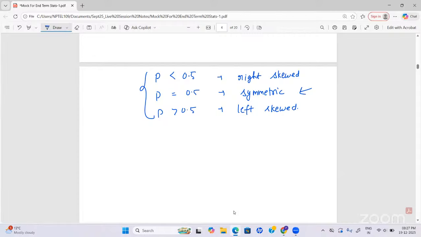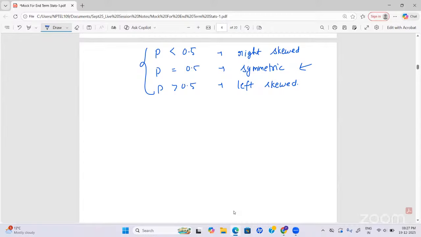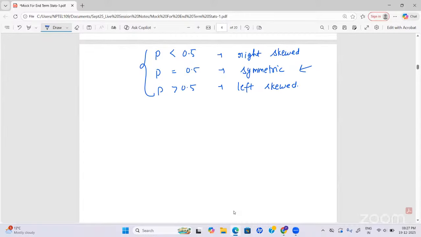Okay, that's what I have written. Correct. So from here, you can conclude that if p is 0.5, then the graph will be symmetric. Or if you are getting a symmetric graph, then the value of p should be 0.5. You can say it both ways.